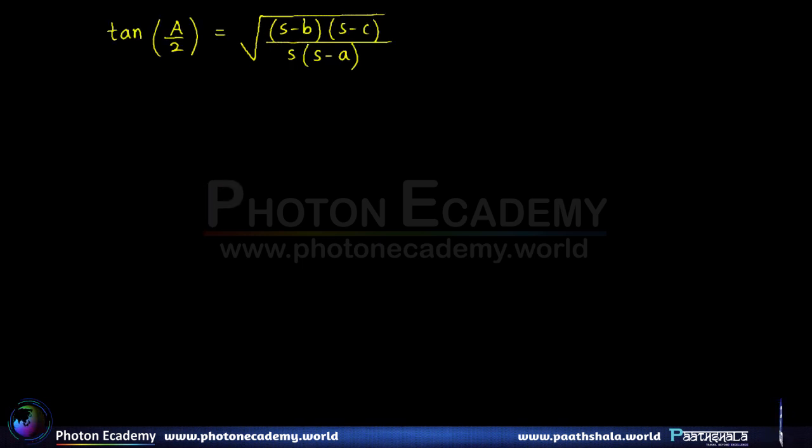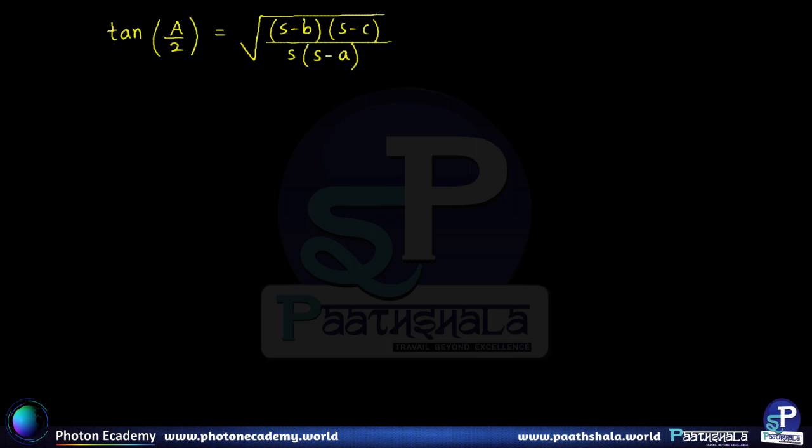And like sine and cos, we have the last half angle result, that is tan of A by 2. Now tan of A by 2 can be written as sine of A by 2 upon cos of A by 2, and we have already proven the results for sine and cos of half angles.